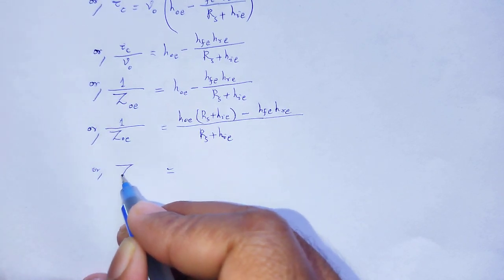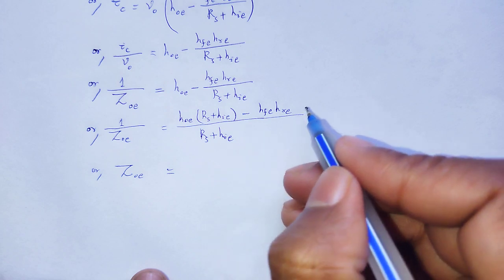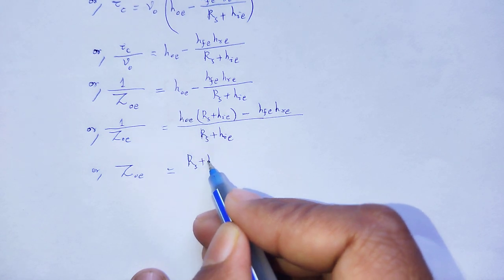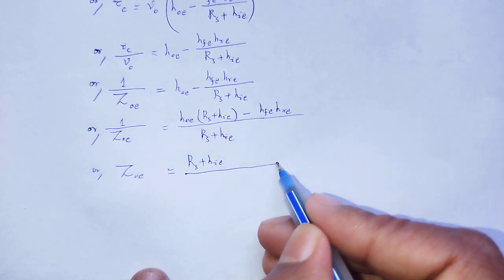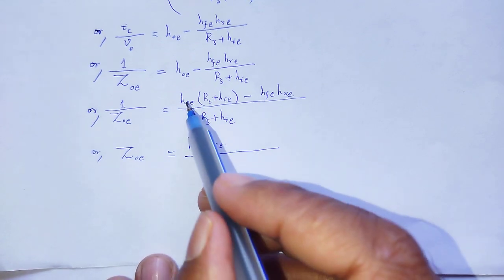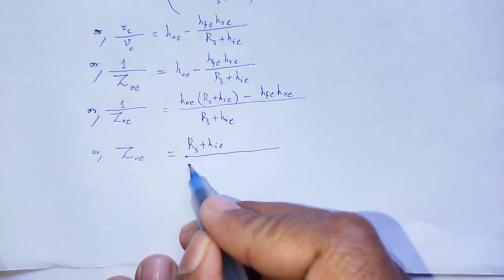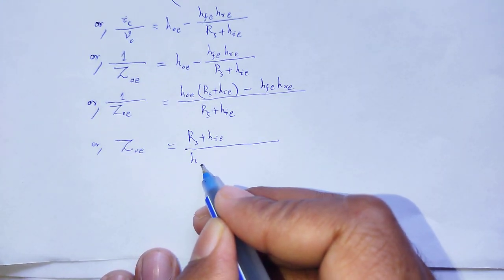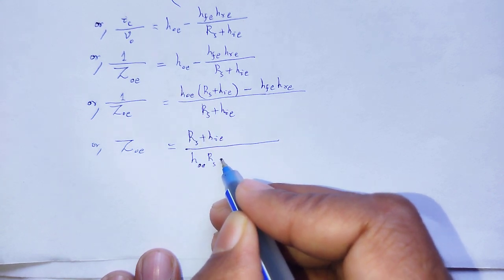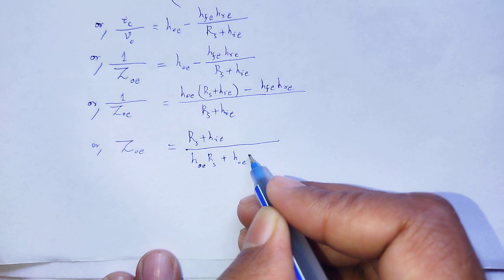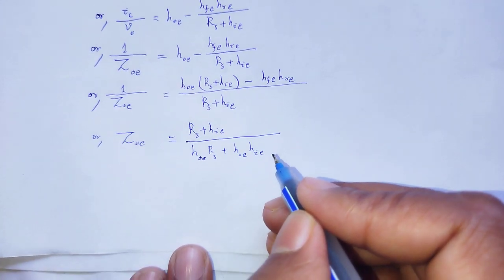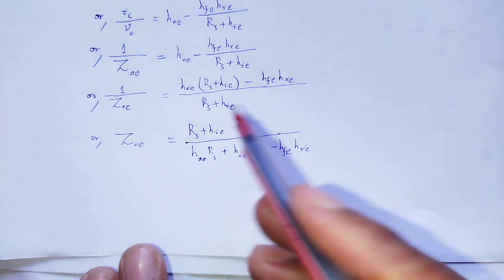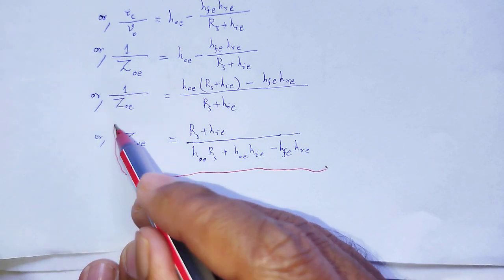Therefore, the value of ZOE, its reciprocal, that is RS plus HIE divided by, expanding that bracket, HOE RS plus HOE HIE minus HFE HRE, is the expression for output impedance.